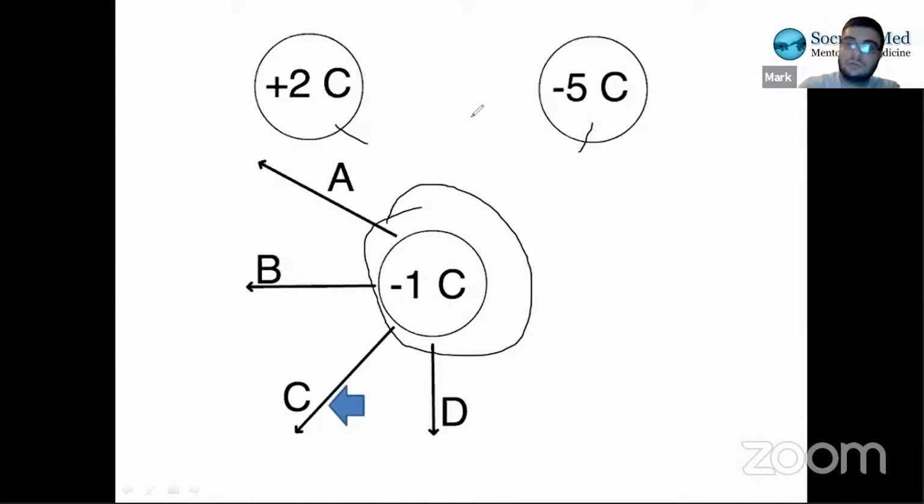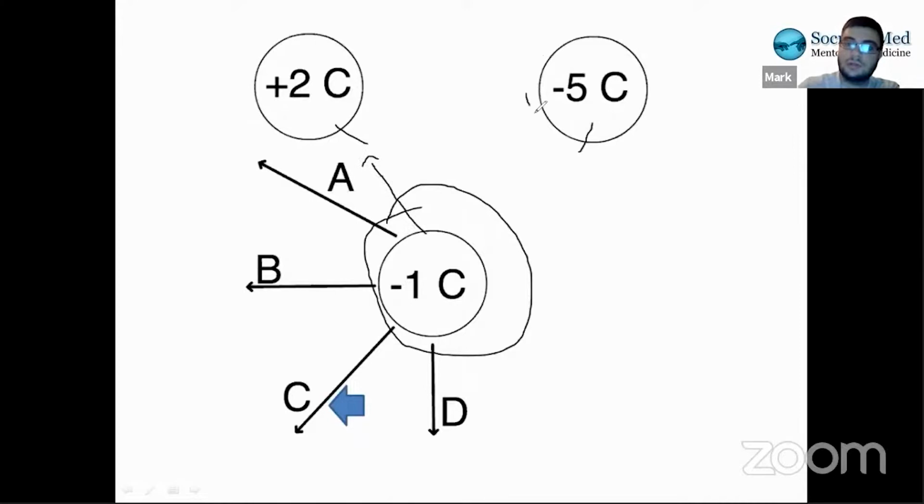So what would happen is this is positively charged and this is negatively charged, right? So that means the direction of the force would be towards, right? Because they're opposite charges, they attract. So it would be towards. So this one moves towards this +2. So it would be going this way.